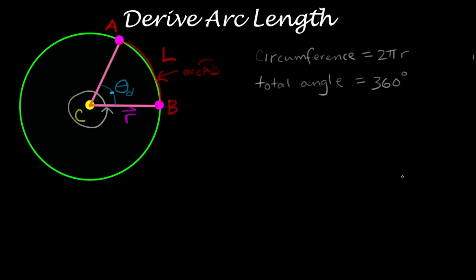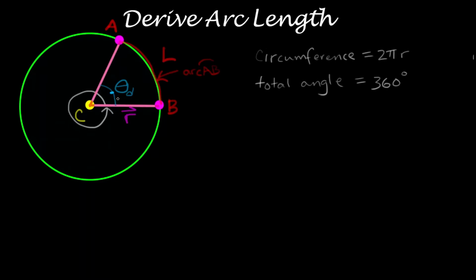Okay, so what do we have here? What we have here is the total length, the circumference, and the total angle. What we have here with the central angle and the arc length are the partial angles and the partial lengths. And there is a relationship here.